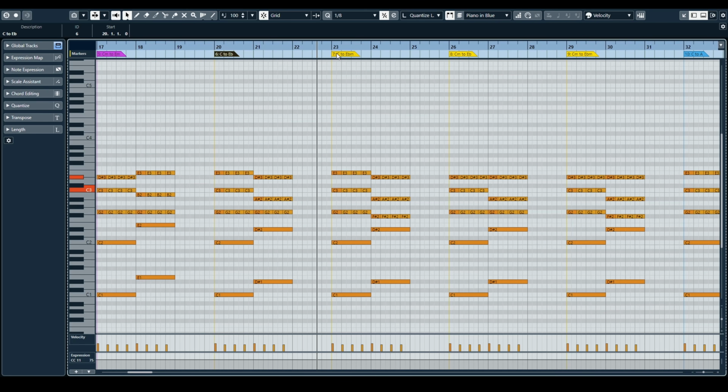But so next example is we're keeping that first chord, C major, but instead of going to E flat major, we're going to E flat minor. Sounds like this. And then same thing as before, but instead of going C major to E flat major, we're going C minor to E flat major.